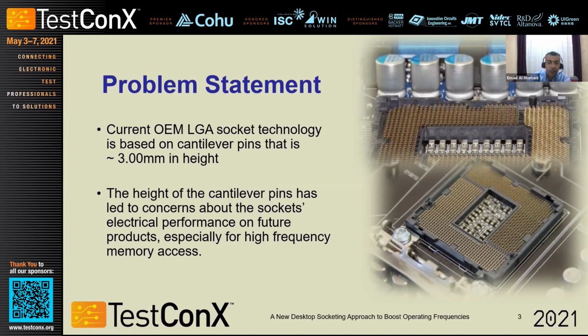So the work here is a trial to see whether we can improve by introducing other socket technologies. We are trying to see the performance of these technologies that I will show in a second. That's the motivation and the driver behind this experiment.